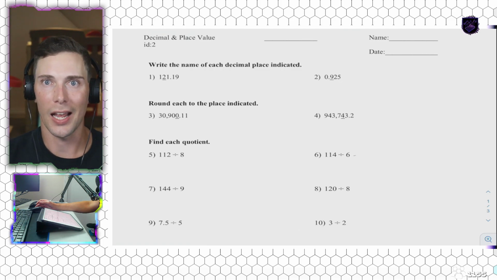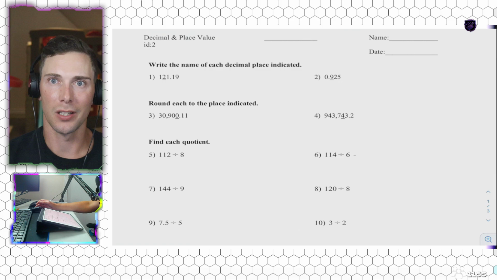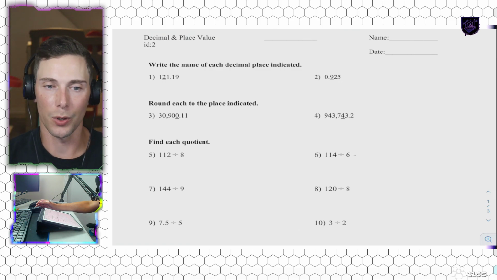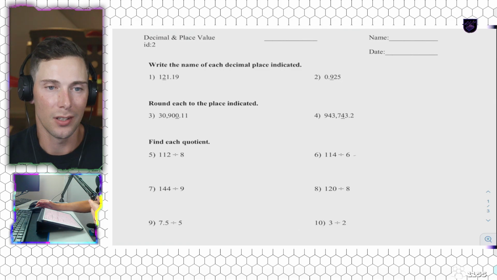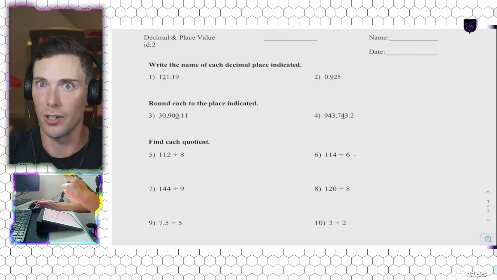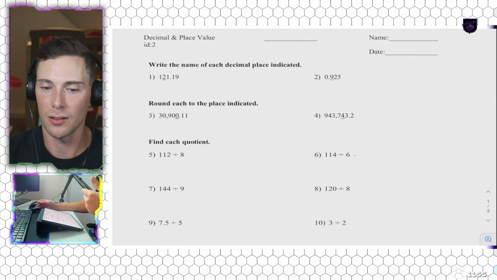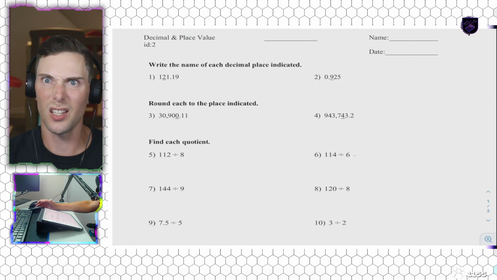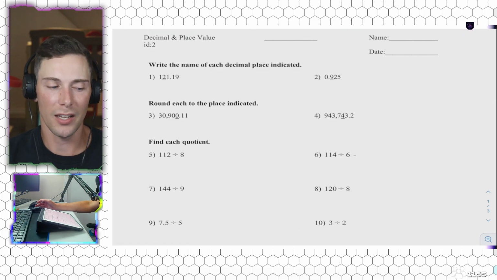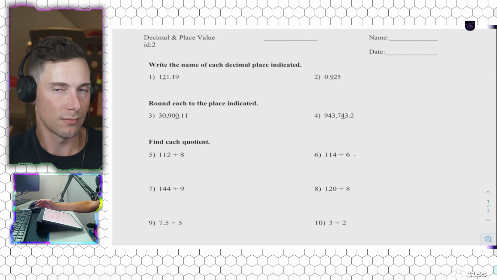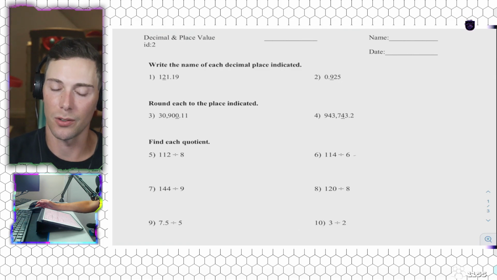Put a star, an asterisk, a smiley face, a Pokeball, whatever you want, beside that question. Then in class, ask your friend who gets it, ask a friend who doesn't get it, and have a discussion. Ask your teacher. Ask the internet. Ask Siri. Maybe, if you're an iPhone user.